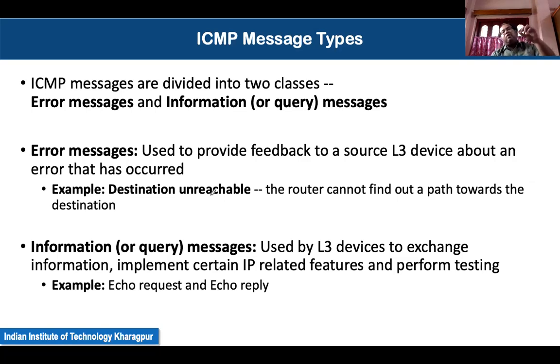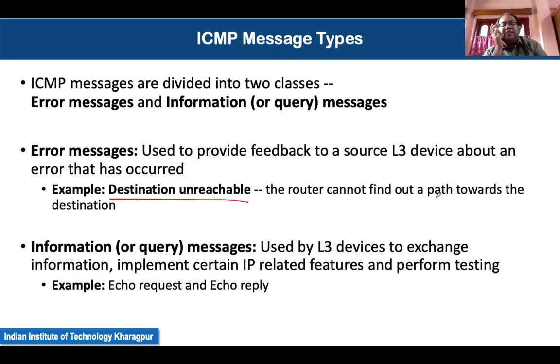For example, you are forwarding a packet and an intermediate router drops it. Then that router sends back an ICMP message informing the original host what has happened to the packet. That message is called a destination unreachable message. If the router cannot find a path towards the destination, it sends a destination unreachable message.